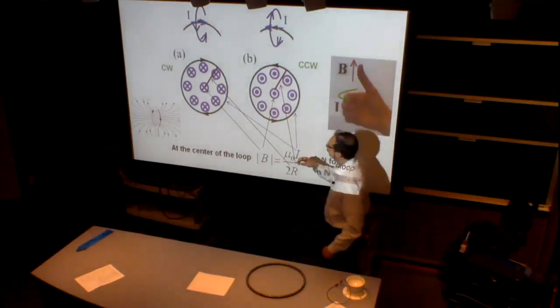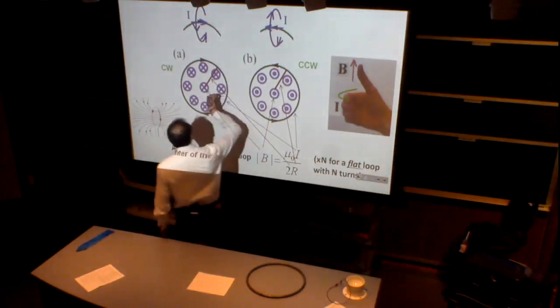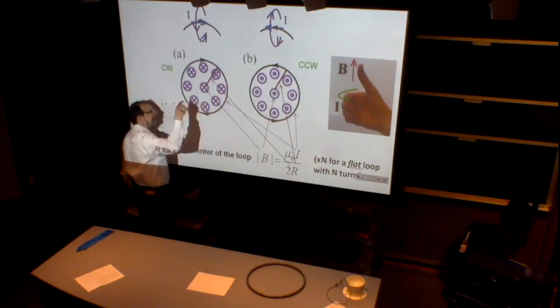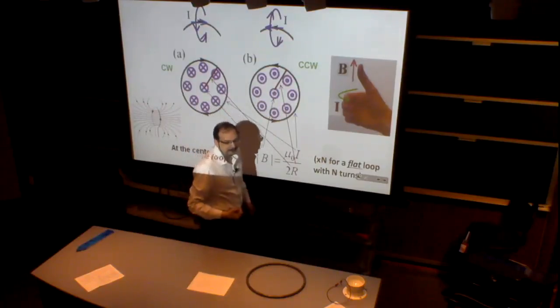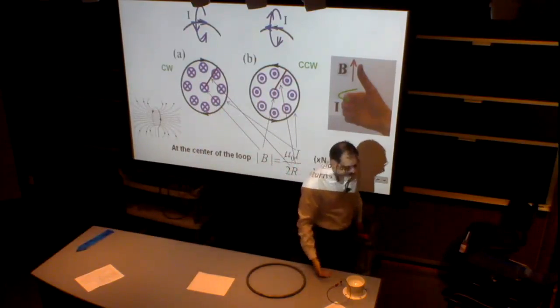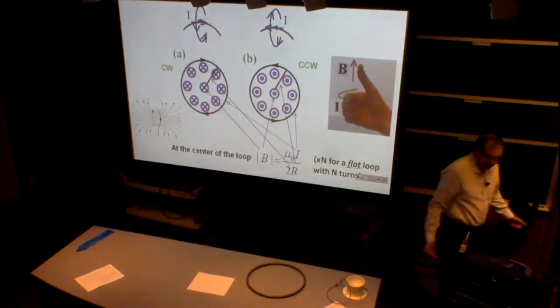So here, a magnetic field points into the screen, and here, the magnetic field points out of the screen, or out of the page if you look at it.